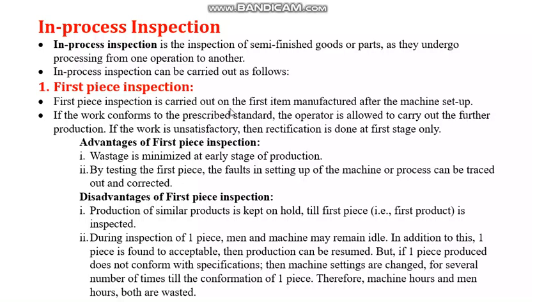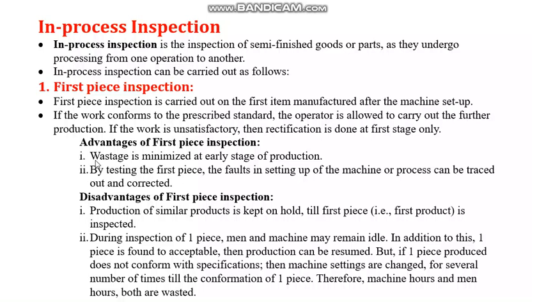This is carried out on the first item manufactured after the machine is set up. If the work conforms to the prescribed standard, the operator is allowed to carry out further production. But if it is unsatisfactory, then you have to do some kind of rectification and then proceed.